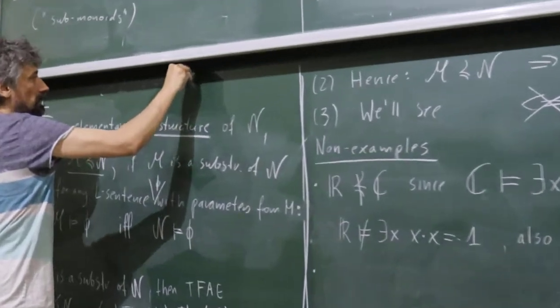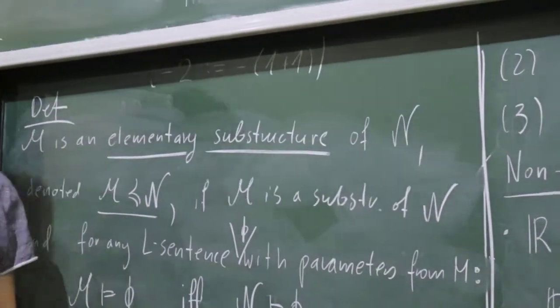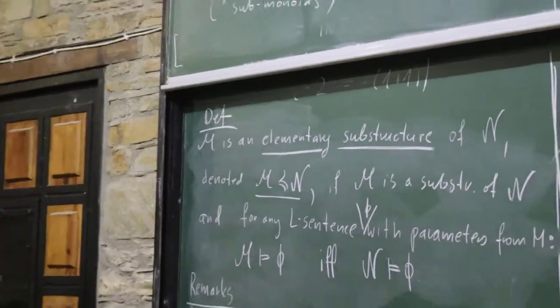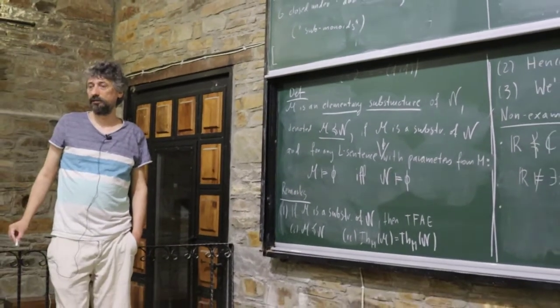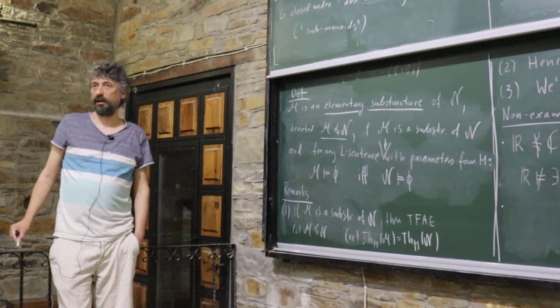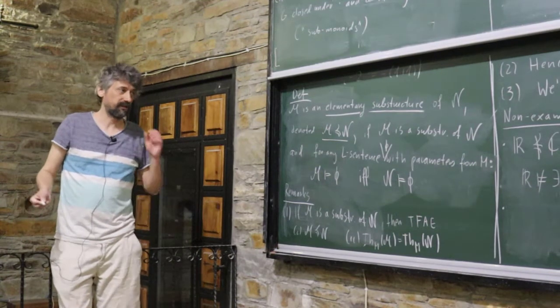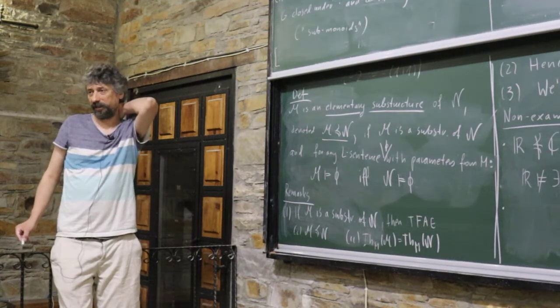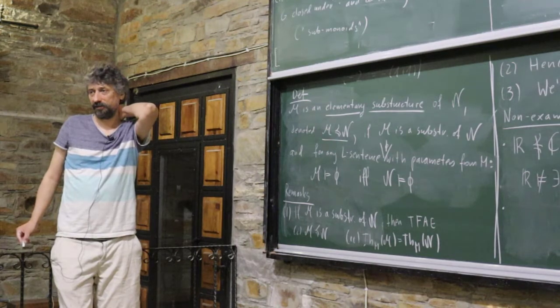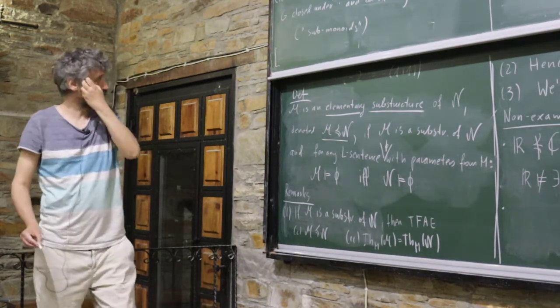Okay, but if you write minus the square root of 2, then square root of 2 is something which depends on the, okay, it's the difference between definable and algebraic closure.